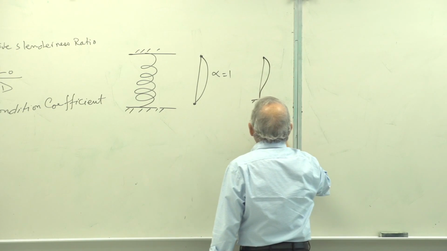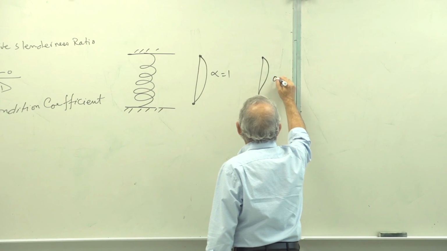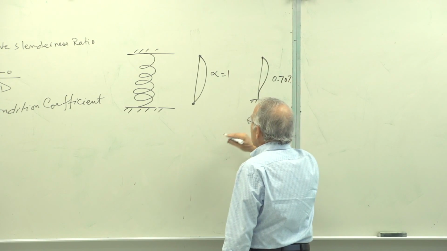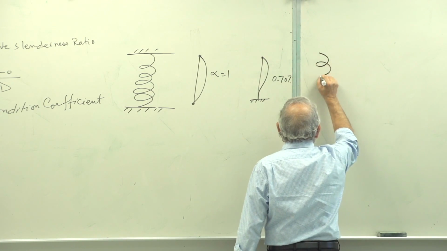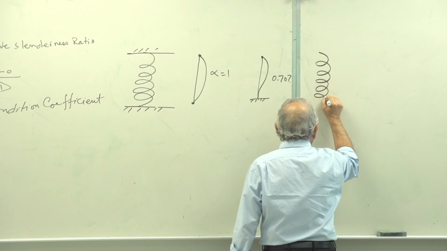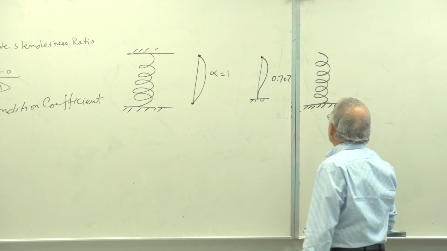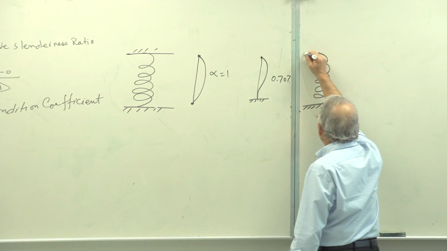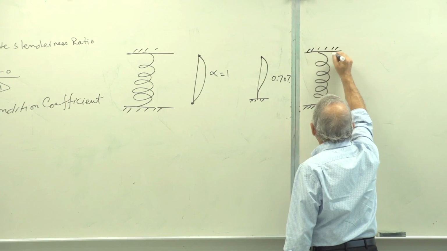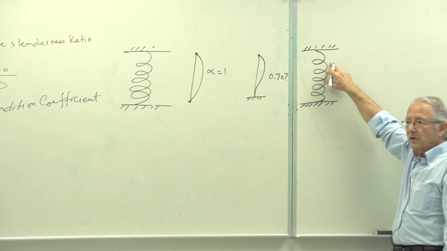In columns this is 0.7, for this it is 0.707. And you get this when you have one end plane, the other one ground, and squared against a flat plate. So this becomes your fixed end, that's your pin end.